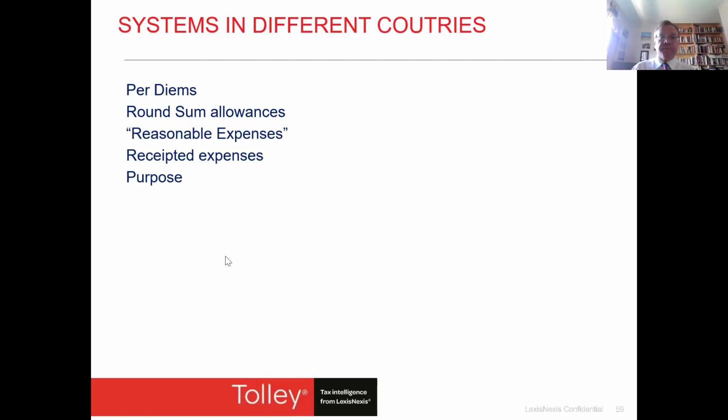So, you need to look at each system. The German system, for example, tends to look at each country in terms of the city, in terms of the allowances that are given, whereas the UK says receipted expenses. So I could spend a night at the Peninsula Hotel if I was in London, costing about £1,000 a night. And if I'm there on business, then I could get my accommodation costs and my subsistence costs for it.